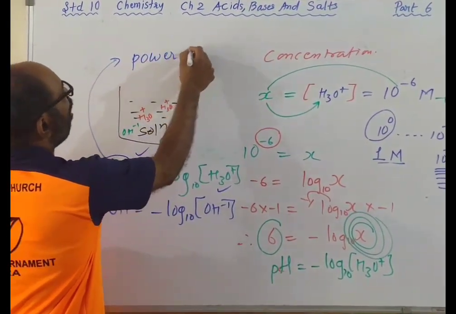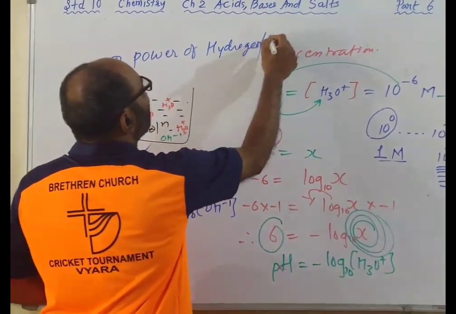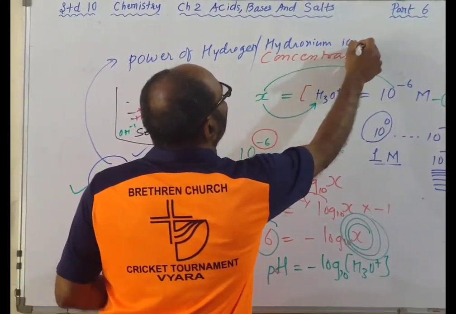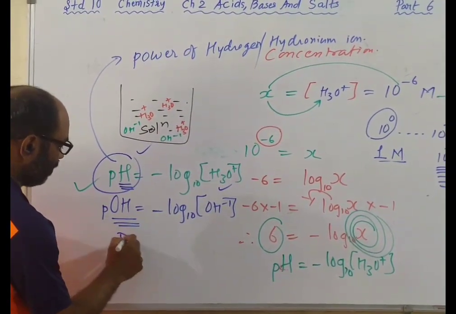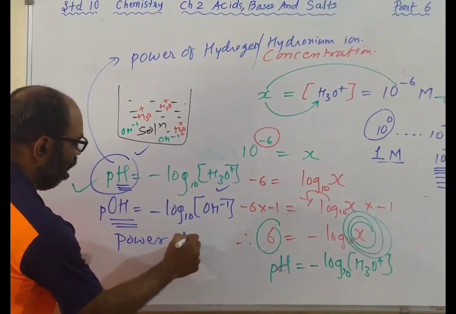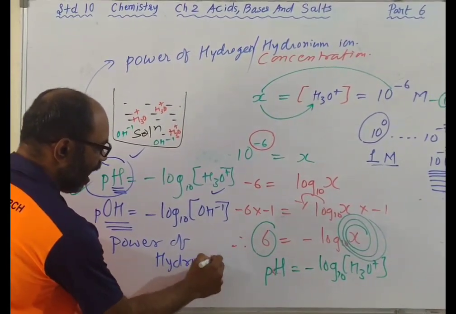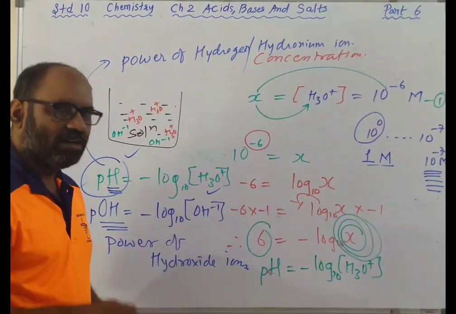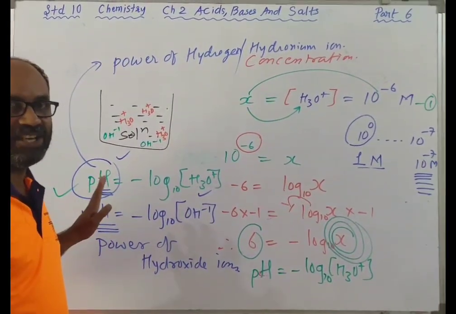Power of hydrogen, or you can say hydronium ion. Alright? And pOH, P stands for power of, OH is hydroxide ions. Alright? Did you understand? So just the definitions of pH and pOH are here.